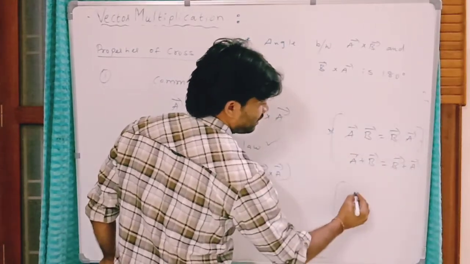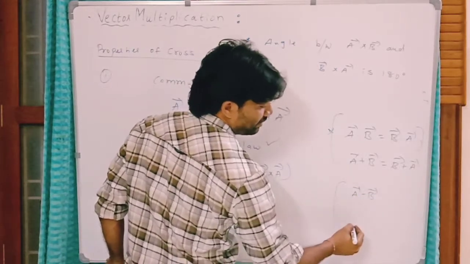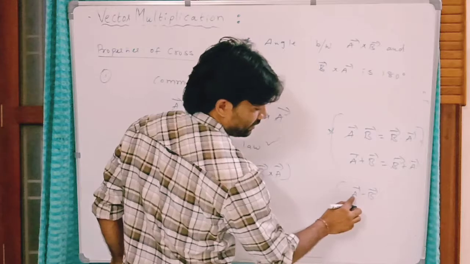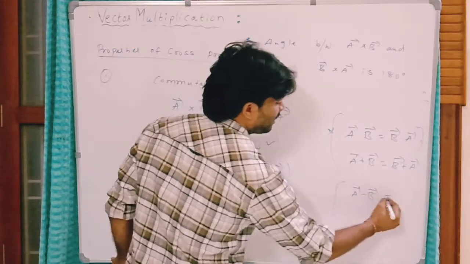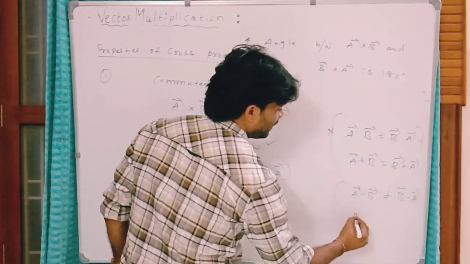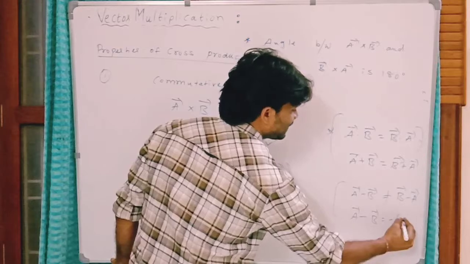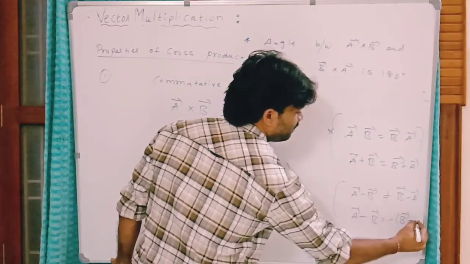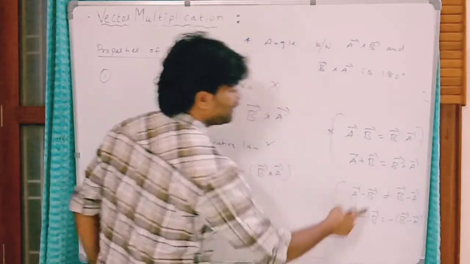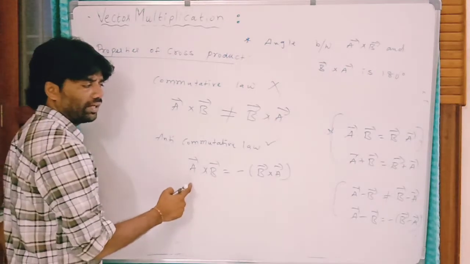But vector difference or vector subtraction, A bar minus B bar is not equal to B bar minus A bar, but it obeys anti-commutative law. A bar minus B bar is equal to minus of B bar minus A bar. So similar to that, subtraction obeys anti-commutative law.